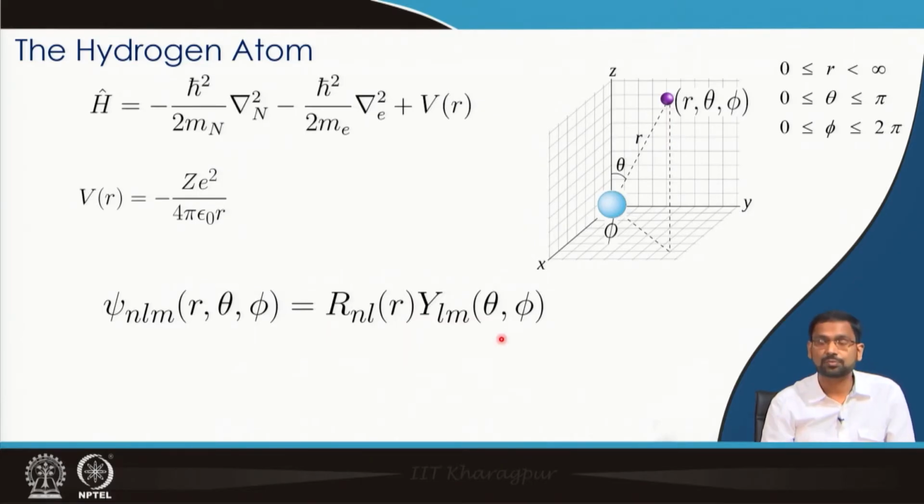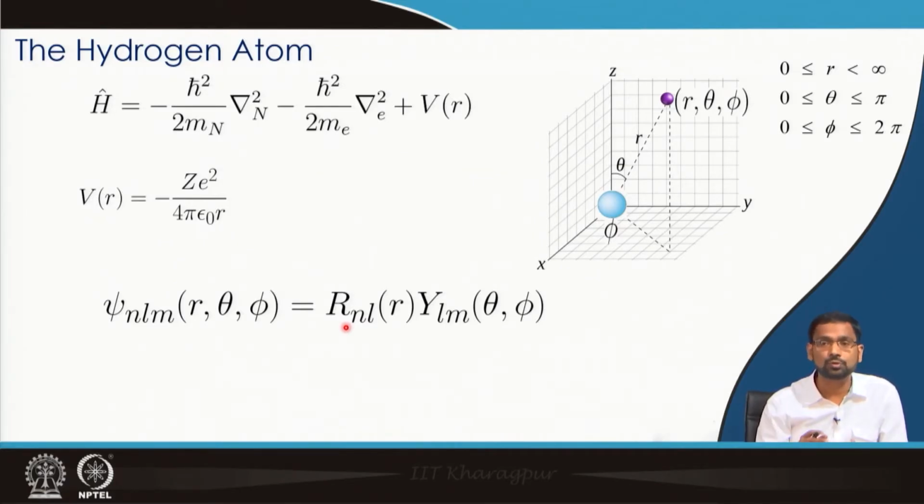The angular part of the solution is essentially the eigenfunction of the angular momentum operator, because in our hydrogen atom Hamiltonian, the only operator that had angular dependence was the L square operator. So we know its eigenfunction. Therefore, we use Y_LM, the spherical harmonics, as the angular part of the hydrogen atom solution. That leaves of course the radial part of the solution, and that is what the hydrogen atom solution does.